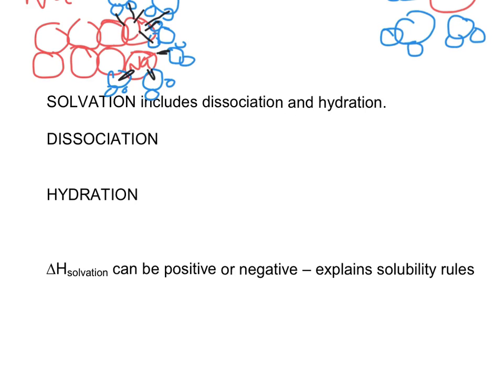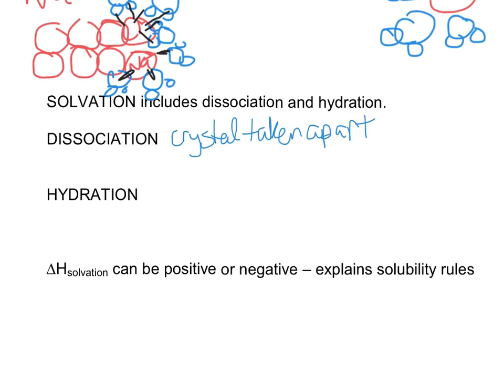So, based on what we just talked about, solvation, which means dissolving, involves two things. It involves dissociation and hydration. Dissociation means the actual breaking apart of the crystal. So the crystal is taken apart, you know, so the Na pluses are separated from the Cl minus and so on.